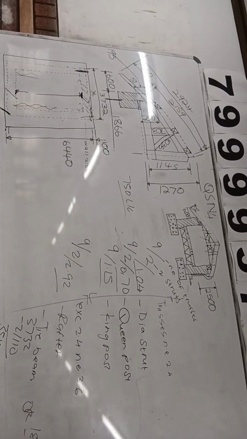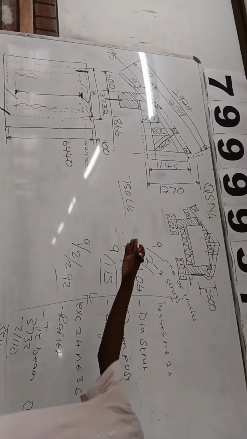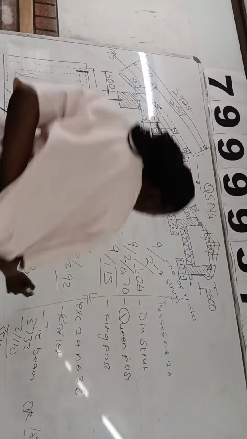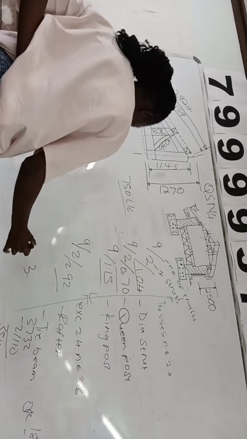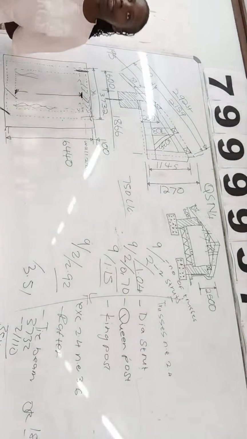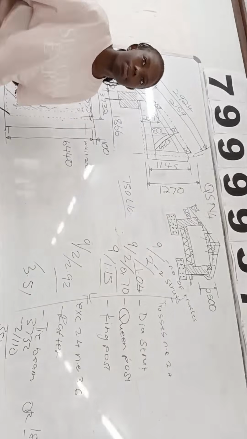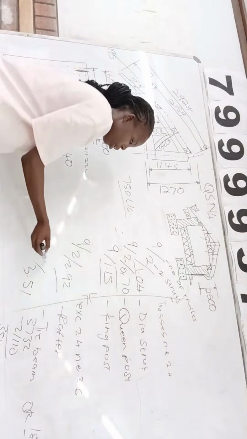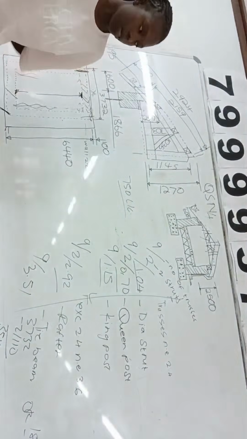Then multiply this by 2, which gives 3512. Now it is the same answer. So it's 3,51. Then we multiply by 9, because it's only 1, just like the king post.